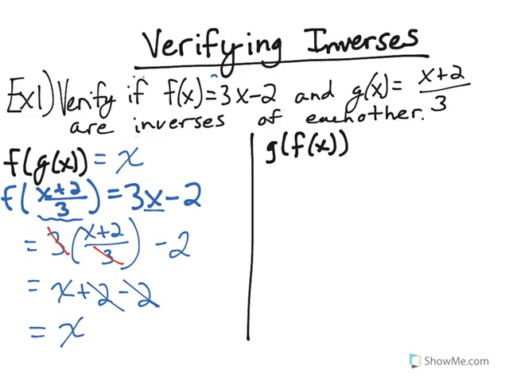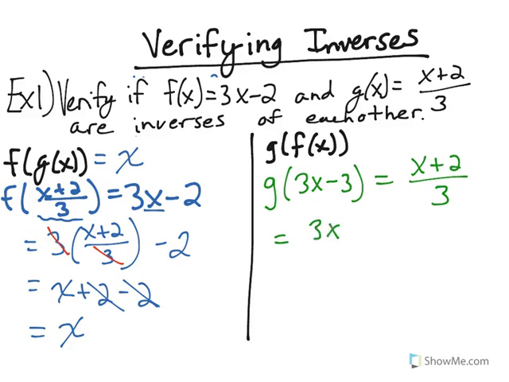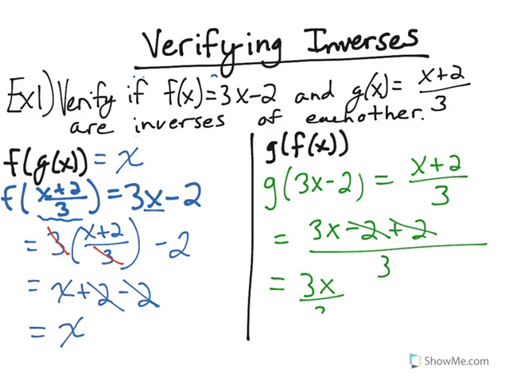Now let's do g of f of x. We're plugging f of x, which is 3x minus 2, into g of x, (x plus 2) over 3. So wherever there's an x, we're going to substitute 3x minus 2. Here we simplify the numerator, the 2's cancel, and we have 3x over 3.